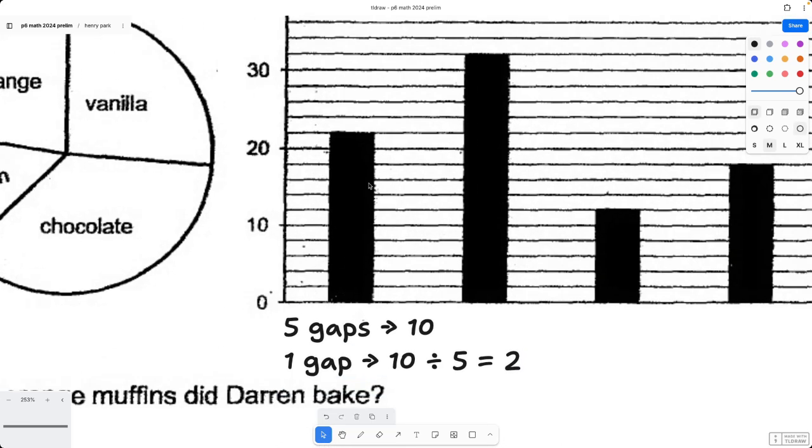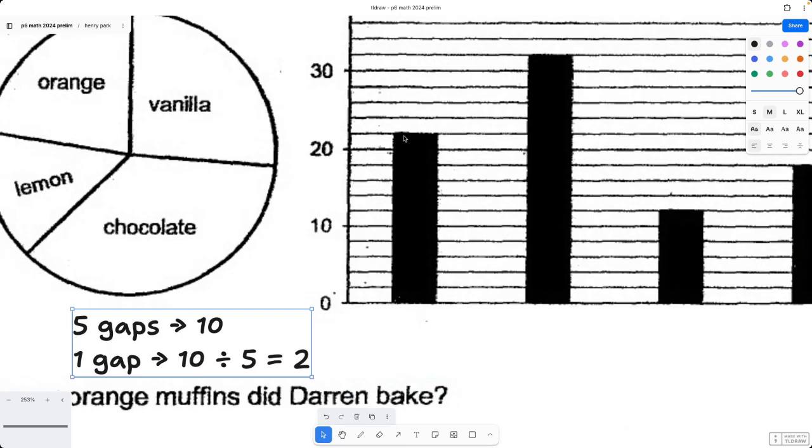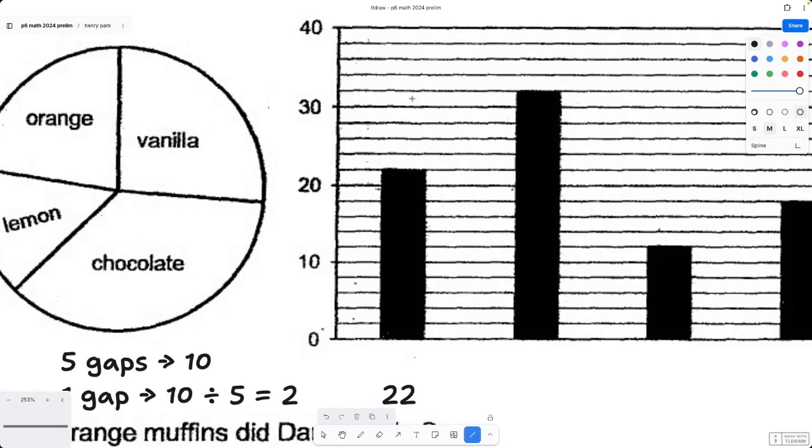For this one over here, let me put the 5 gaps roughly here. 20, this should be 22. So this is 22. Then over here, let me put a line. This is 32. So for this it will be 22 like this.